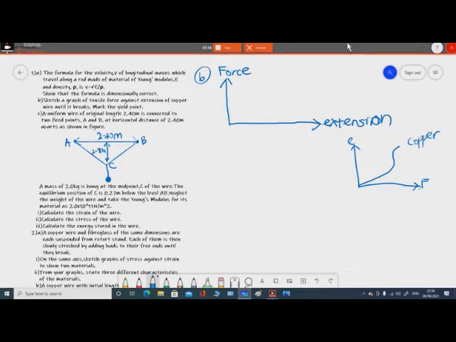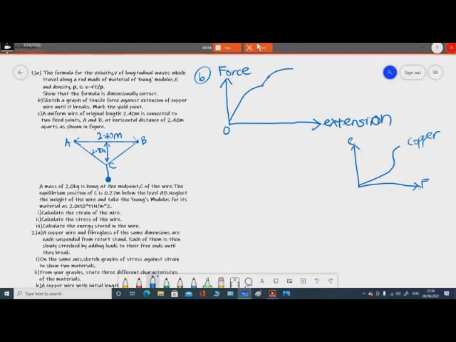This graph is the inverse of that graph. So let me slowly draw it. This one shall be higher. Yes, this one should be our answer.